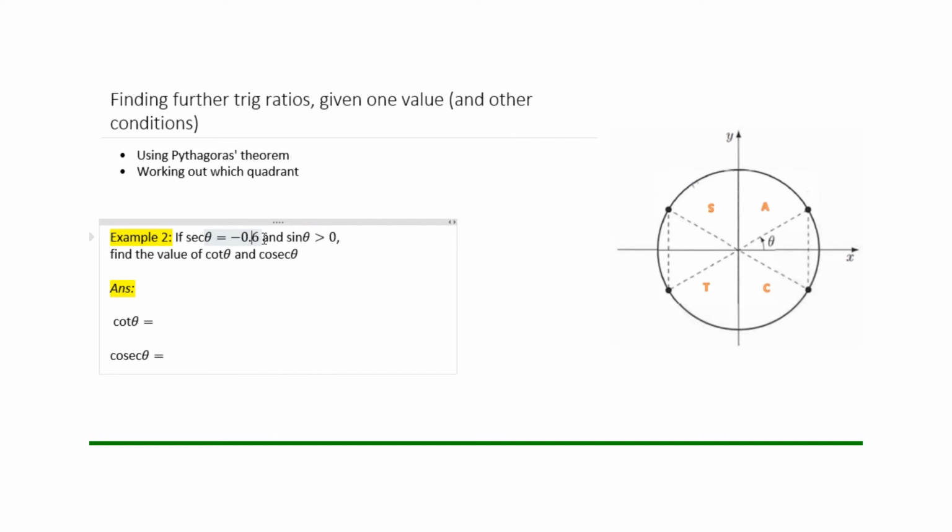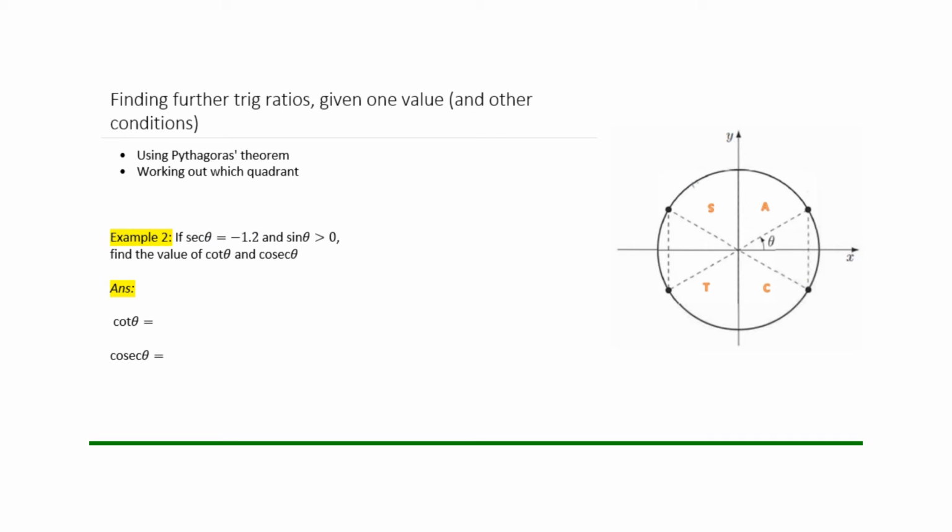Oh, I forgot, shouldn't be this. Let's change this to 1.2. You cannot have sec equal to 0.6. Alright, if sec is negative 1.2 and sine is positive, firstly sec is 1/cos, so it is H/A.